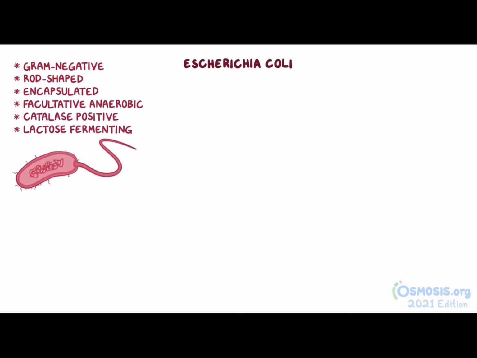Alright, as a quick recap, Escherichia coli are gram-negative, rod-shaped, encapsulated, facultative anaerobic, catalase-positive, lactose-fermenting bacteria. Even though some E. coli might become pathogenic, most of the time they colonize the gut harmlessly.